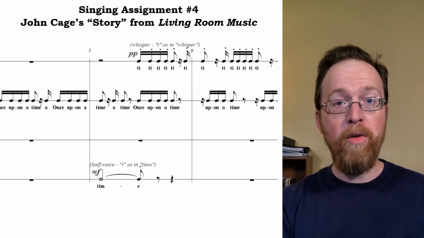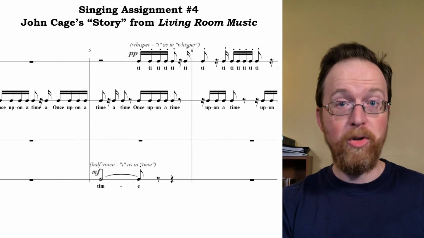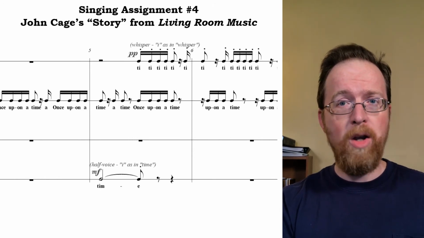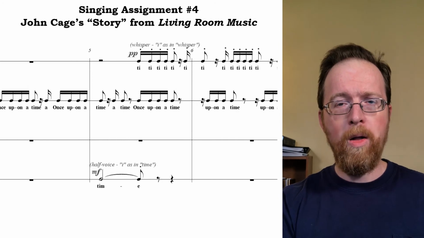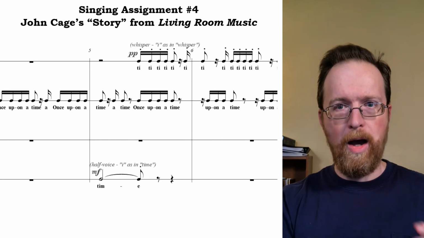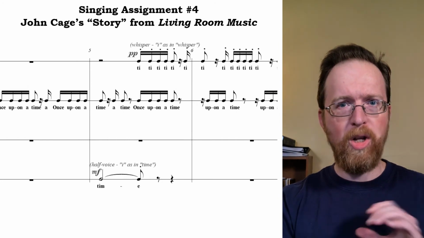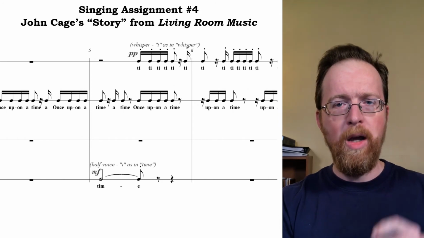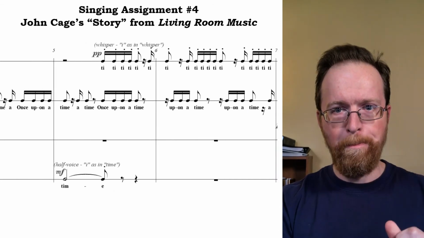But part 4 enters in measure 5 at mezzo forte, which is not only quite a bit louder than everybody else, it's the only voice that's sustaining a vowel. Time, right? So it's a long sustained vowel, but it has a sharp cutoff on the third beat.